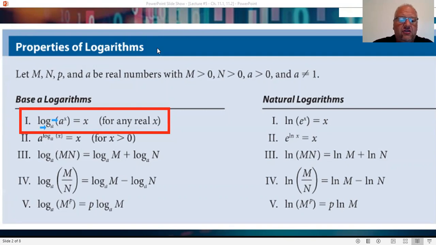I've seen students act like they're crossing them out like this, like the A and the other A cancel out that way. If you think of it that way, then it kind of looks like they cancel out and you're just left with x. The same thing happens here for this one, because in this scenario, we have a base of E.